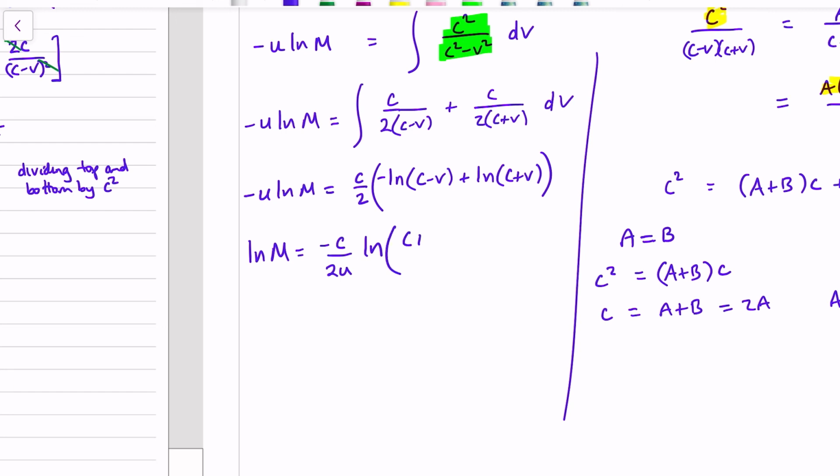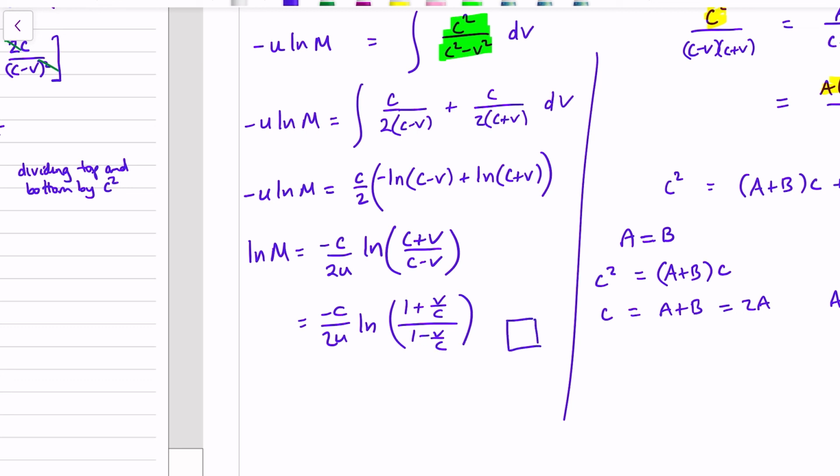We've got log of c plus v over c minus v. Two logs subtracted is the log of the division, and then we can divide top and bottom of that fraction by c. So that becomes 1 plus v over c, and that becomes 1 minus v over c. And that actually is the solution that we were looking for.